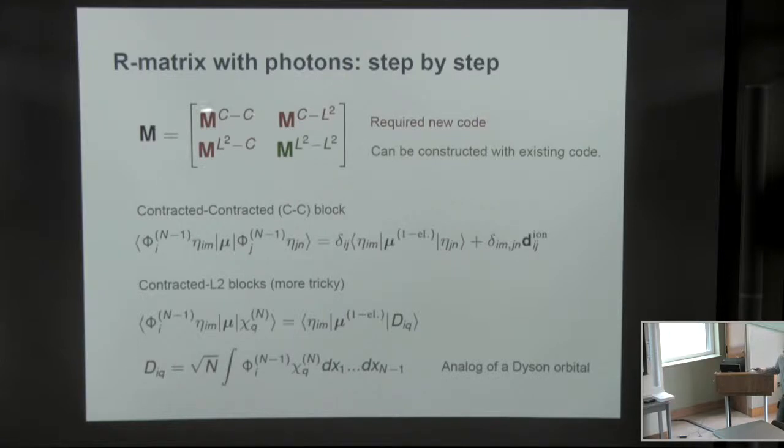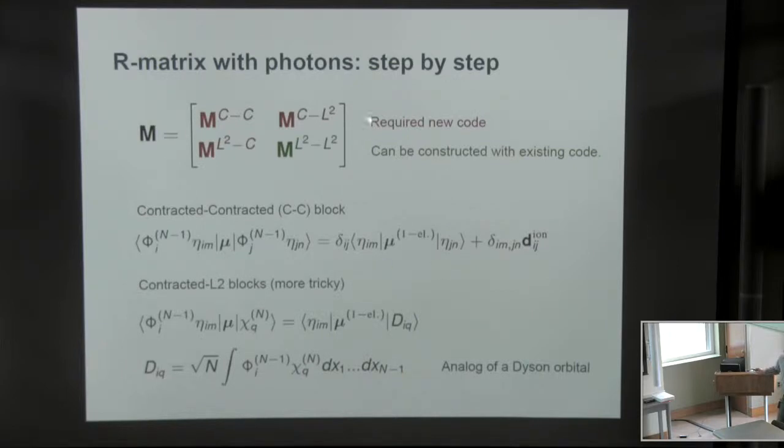If we first have a look at the contracted blocks, so it's the dipole between two different contracted basis functions, then what we find is actually quite nice: if we integrate out all the electron coordinates except for one, then this reduces to just a single electron integral between two continuum orbitals, which is only non-zero when the target states are equal, plus transition dipoles between bound states of the ion, which is only non-zero when the continuum orbitals are equal.